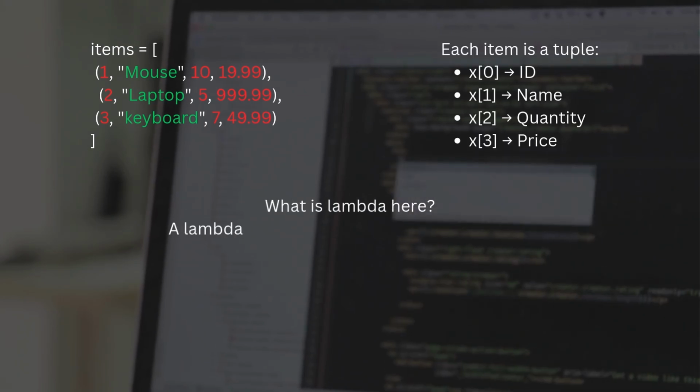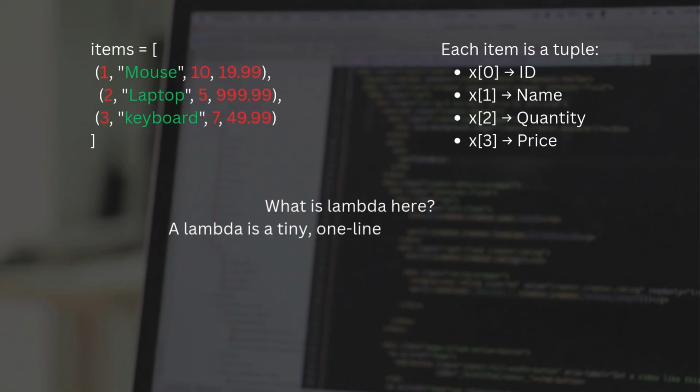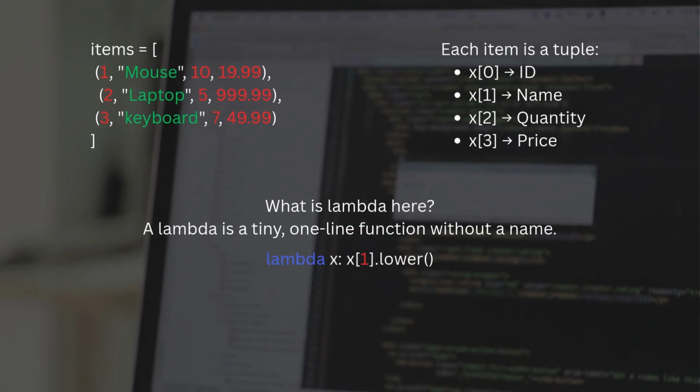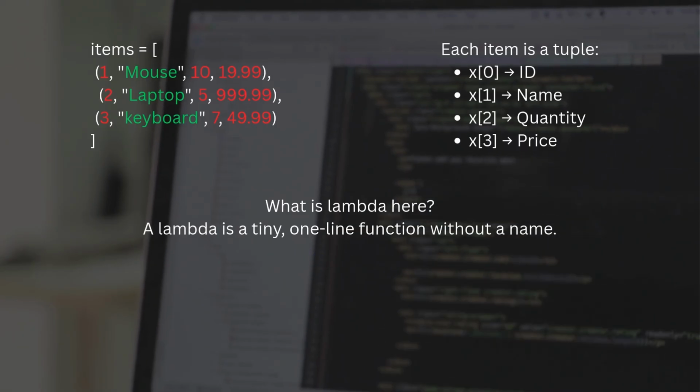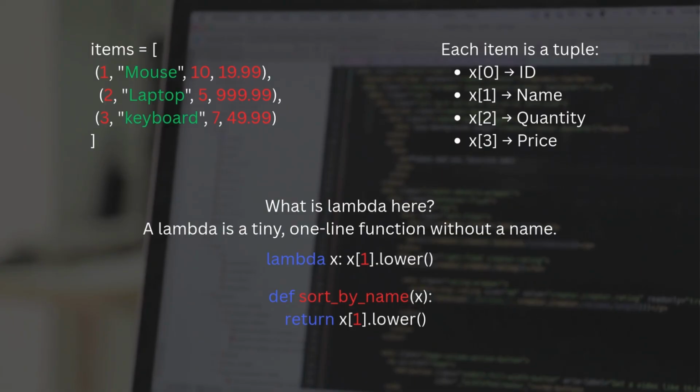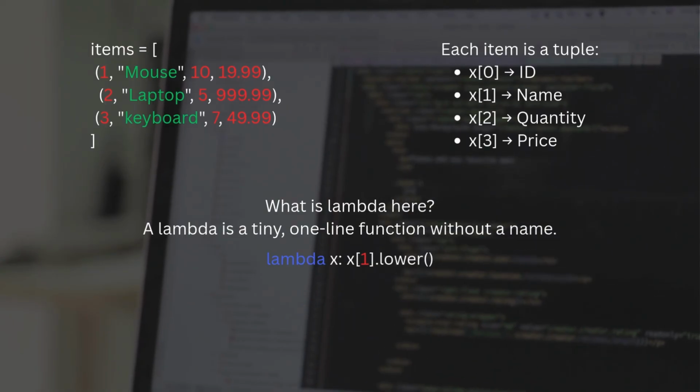What is a Lambda here? A Lambda is a tiny one-line function without a name. So this is your Lambda function. We can also write this function as def sort_by_name with an input parameter x, and return x[position].lower(), converting the return value into lowercase.